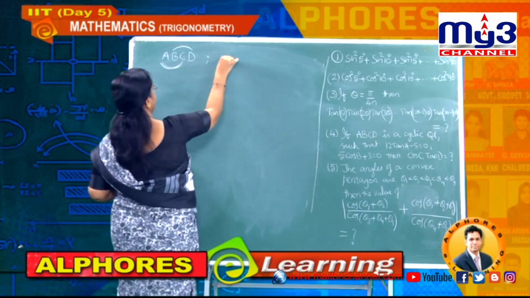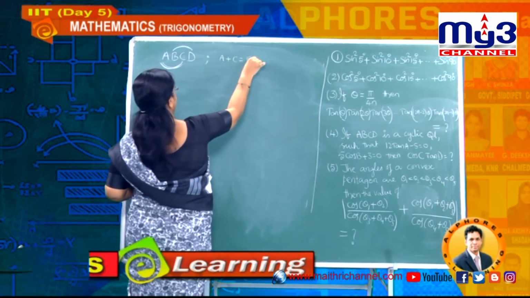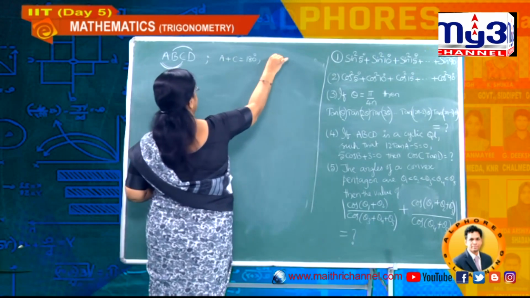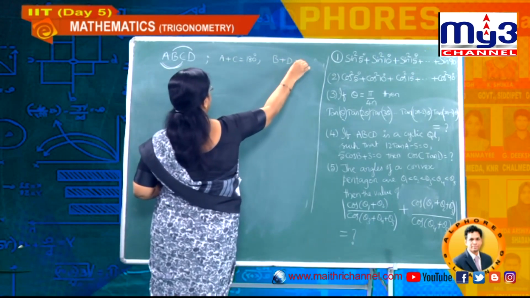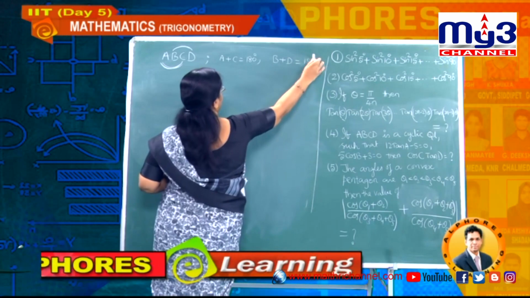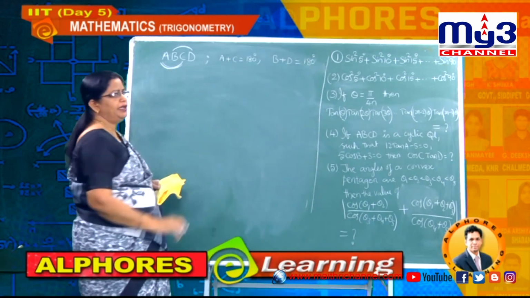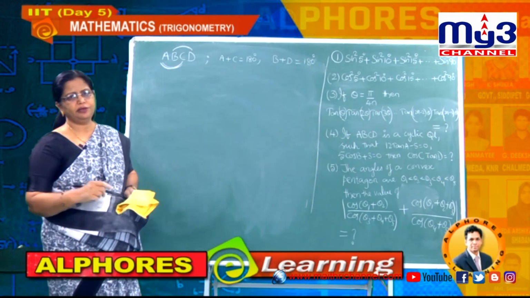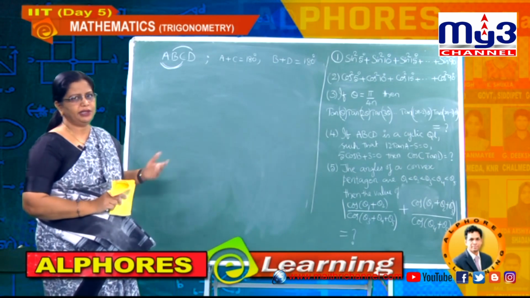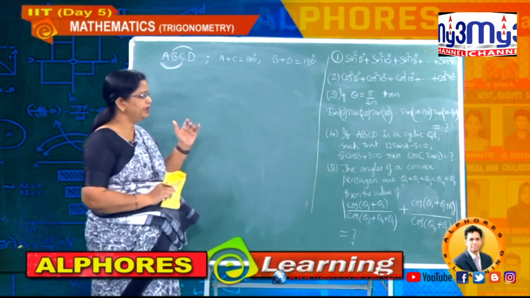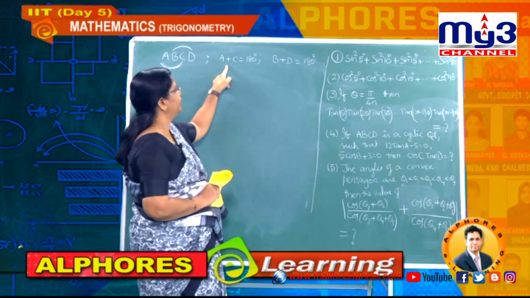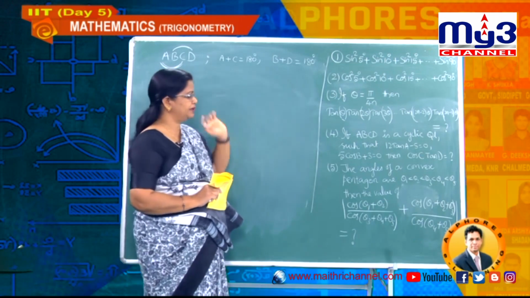It is 180 degrees. And what about B plus D here? This is also 180 degrees. Understand? And the sum is A plus B plus C plus D equal to 360 degrees for a quadrilateral. Cyclic is given, that is the reason we are using this concept also.